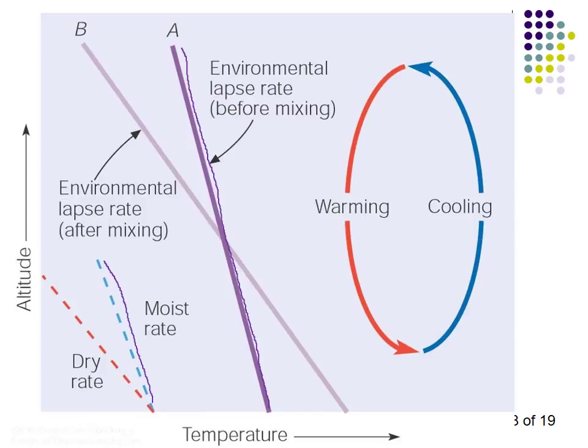Now we mix everything together and we get this new environmental lapse rate. Now that one is more akin to the dry adiabatic rate, and it looks to me to be a little bit lower, so now we have an unstable atmosphere.